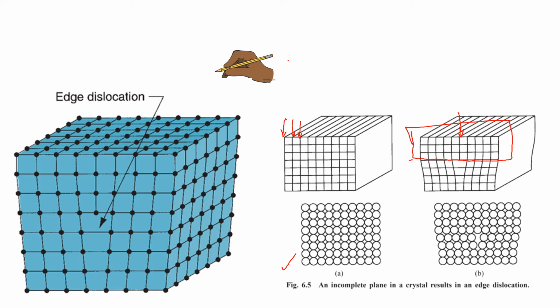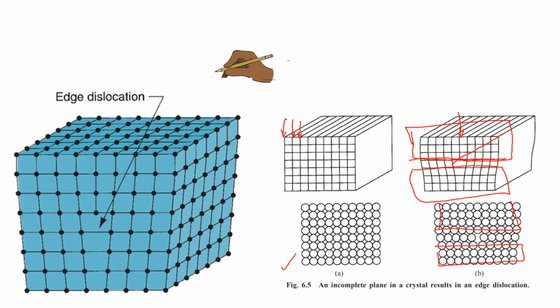When you consider the bottom portion, there is no change in equilibrium. That is in equilibrium, and here is also another sort of equilibrium. The problem occurs only at the end of what we call the extra plane.